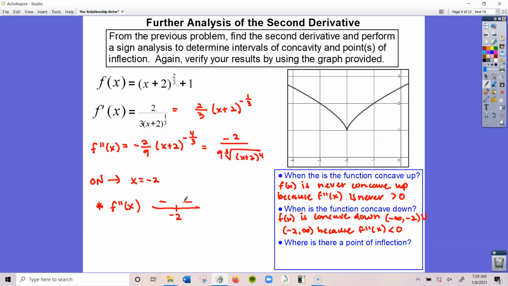There is only a point of inflection if the second derivative changes signs, which it doesn't. So we would say there is no point of inflection because f double prime of x never changes signs.